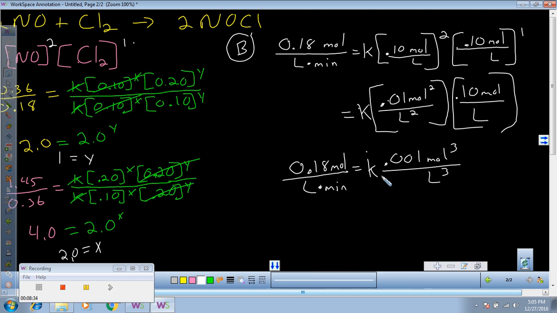Now I want to get K by itself, of course, so in order to do that, I'm going to multiply by this reciprocal, which would be liters cubed over moles cubed. Of course, if I do it to the right side, I have to do it to the left side.